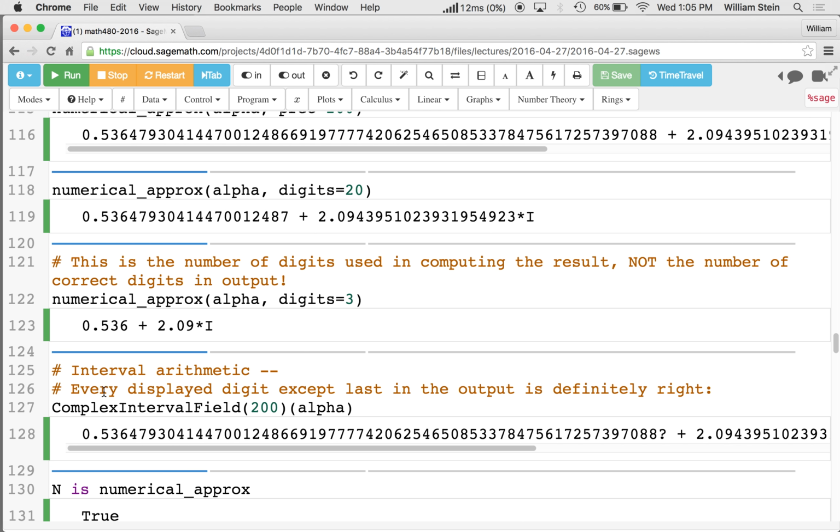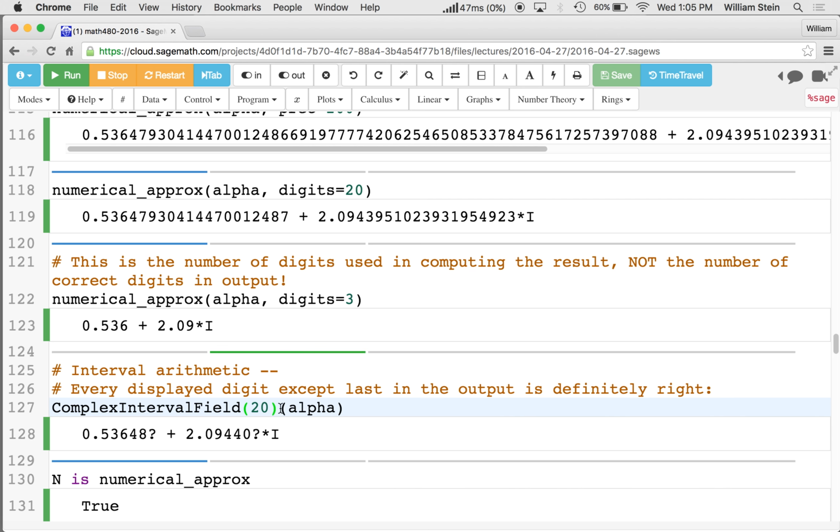However, if you use interval arithmetic, so you make a complex interval field, as it's called, then it will evaluate all the leaf nodes, substitute in little intervals for them, do all the arithmetic to get your expression, and track all the errors. What you'll get prints out looking like a floating point number, but it has this funny question mark at the end. Let me do it to lower precision. This means that every digit is definitely correct, except possibly the last one.